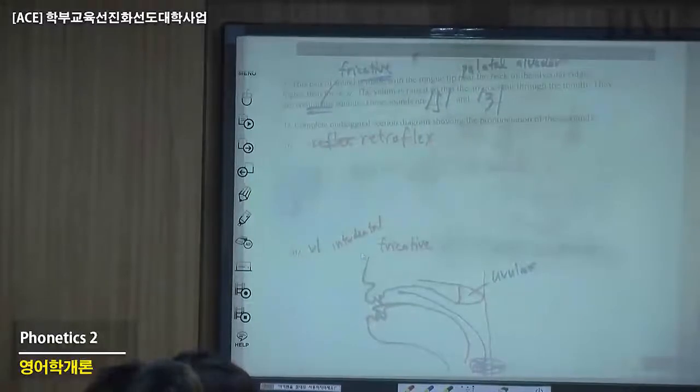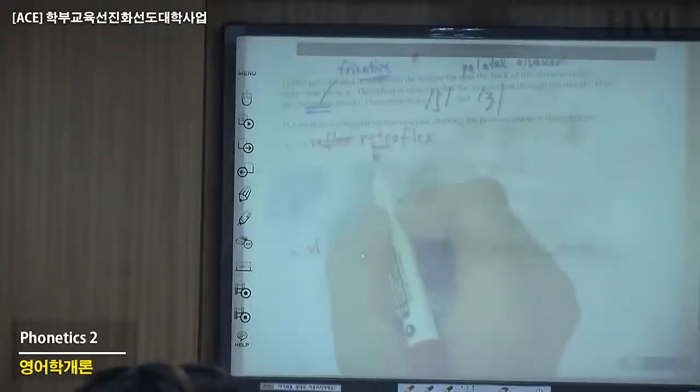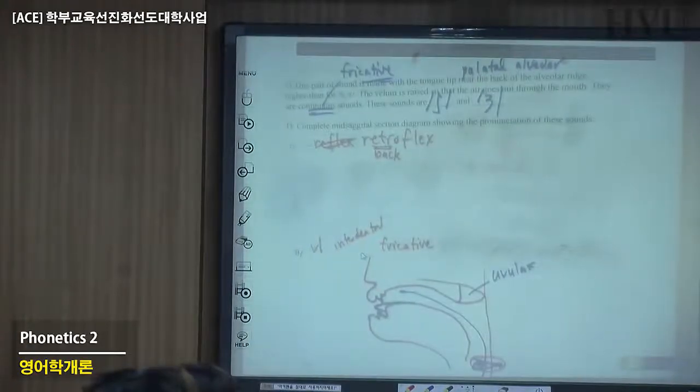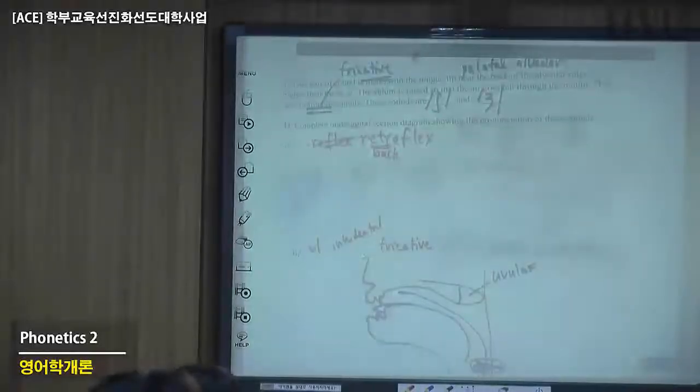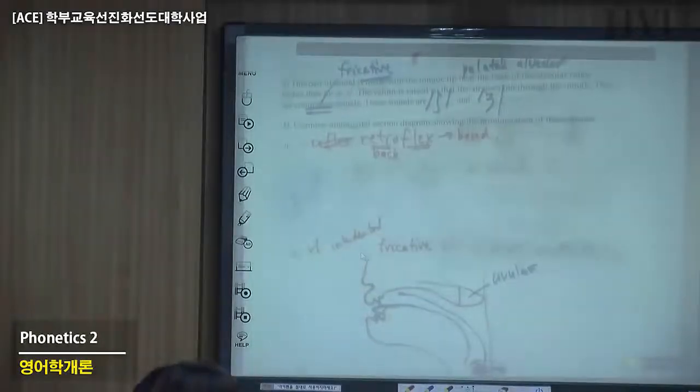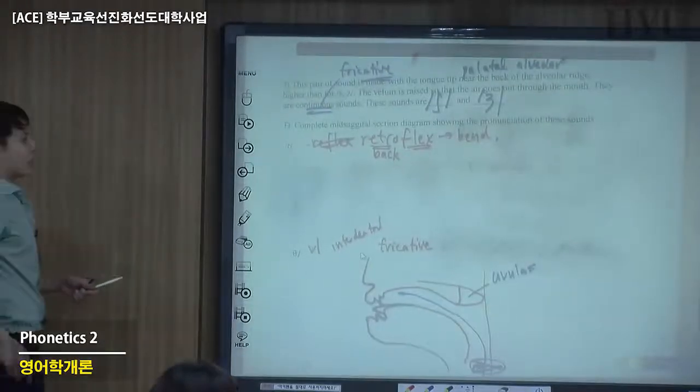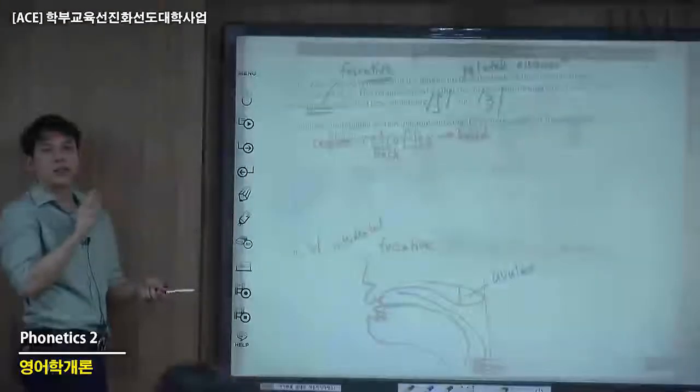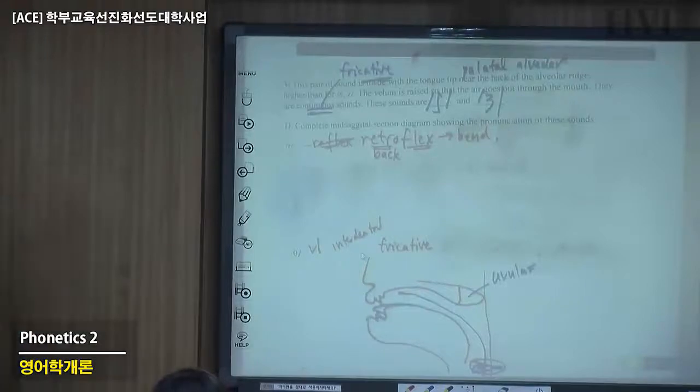It's a retroflex sound. Retro is back, right? Retro style, for example, back history, like that. Flex is to bend, like flexible, right? So when you produce the R, the tongue has to bend back, has to curl backward.